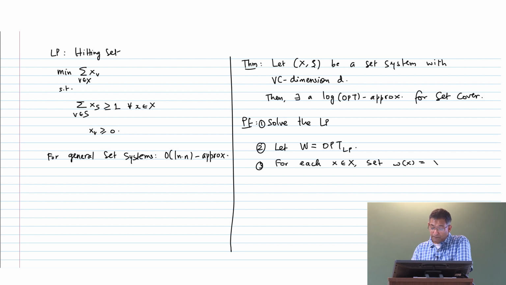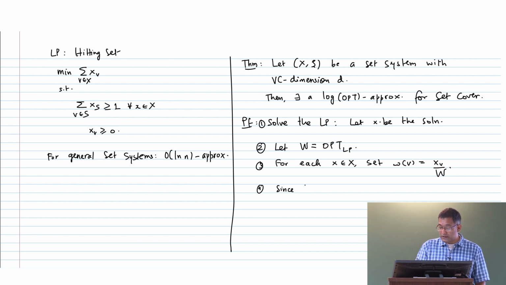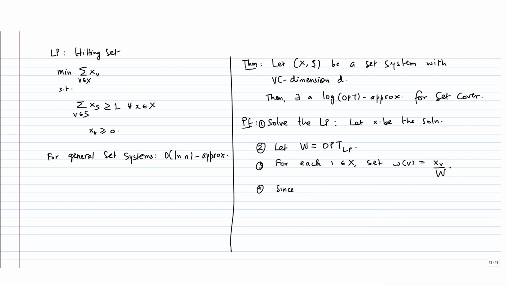So let's set the weight of an element v to be x sub v over W. For each element v in X, set its weight w(v) equal to x sub v over W.